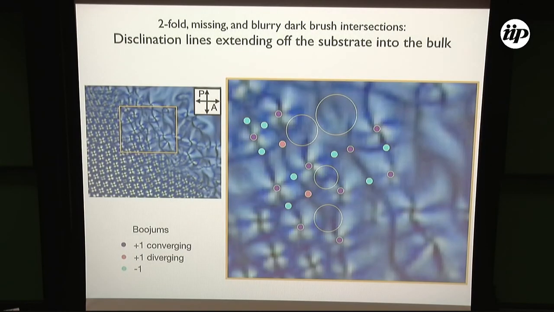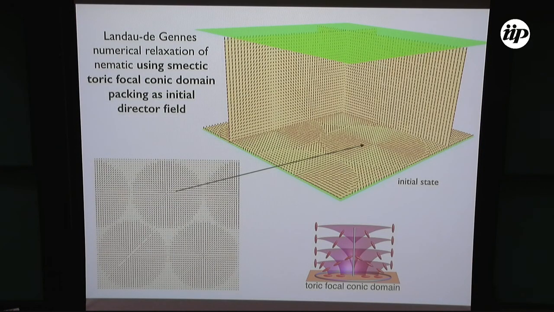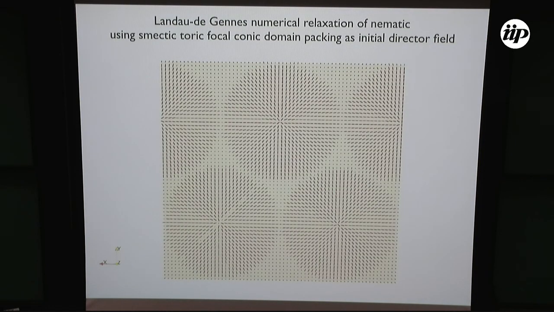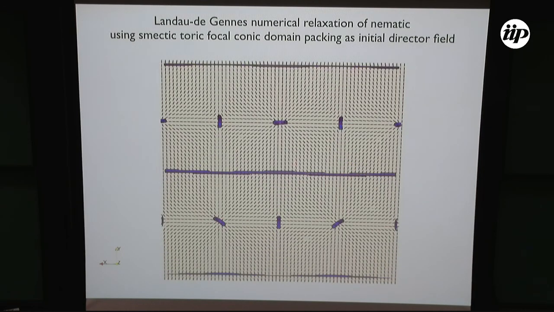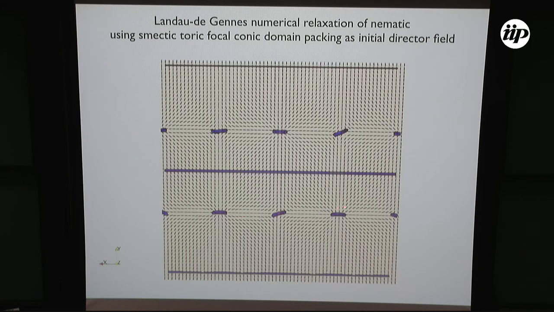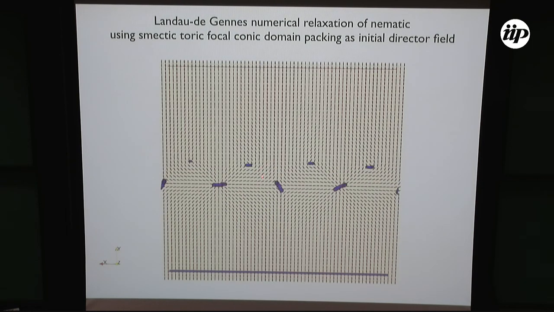That's not the whole story because there are also disclinations, and here I'm showing a simulation of the nematic but with the smectic as the starting configuration. And we can see that Boojums of +1 type appear where the focal conic domains were. In this case, there were disclination lines, and then there's this coarsening process.